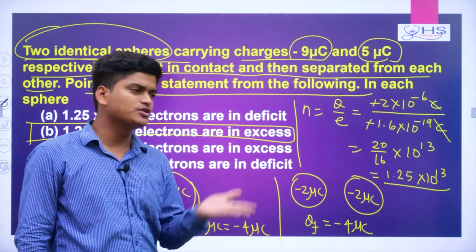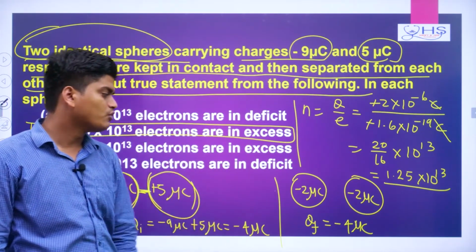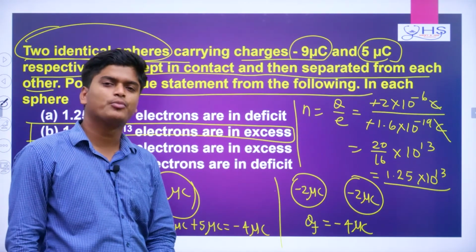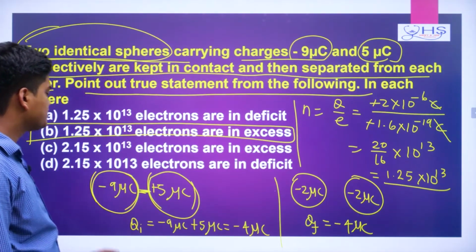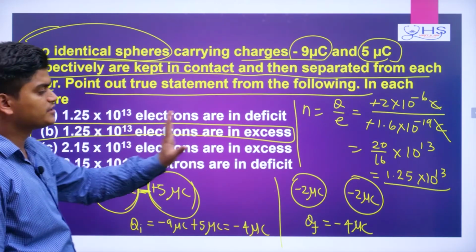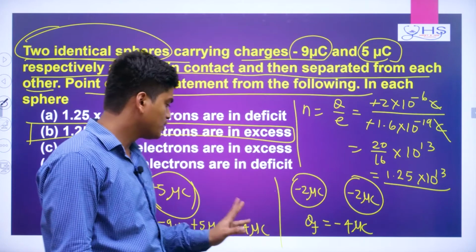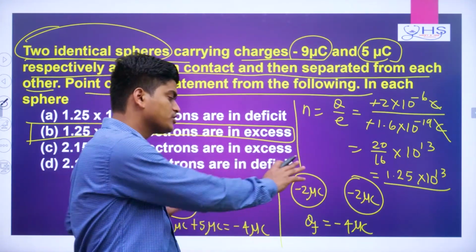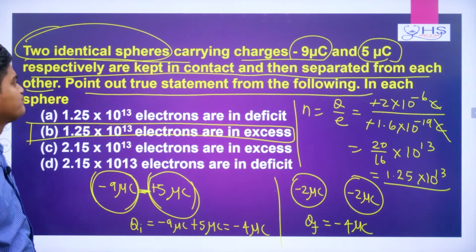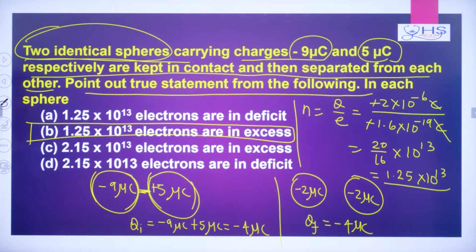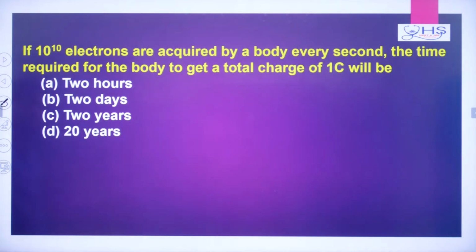Whenever you create some amount of charge, at the same time you create the same amount of opposite charge. So if initially this much charge is there, finally this much should also be there. It will not be minus 8 microcoulomb, it should be minus 4 microcoulomb, so that final and initial conditions are the same. This is the idea you must remember. Now come to the next question.